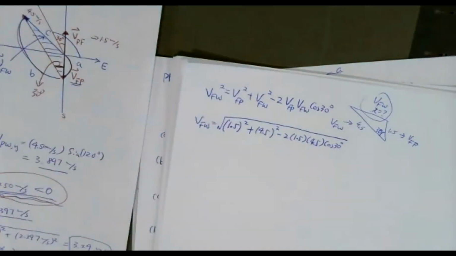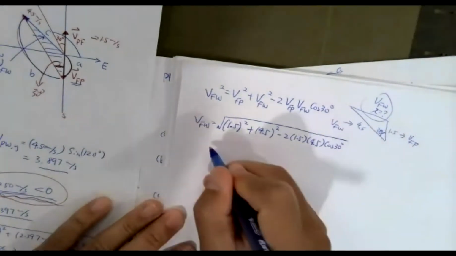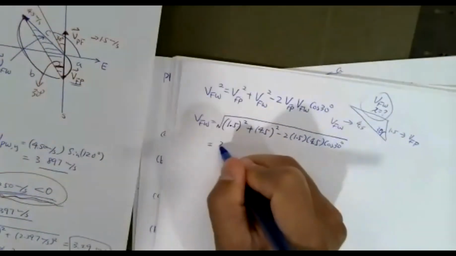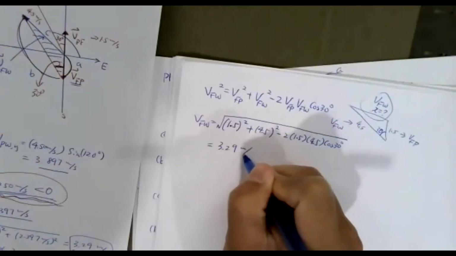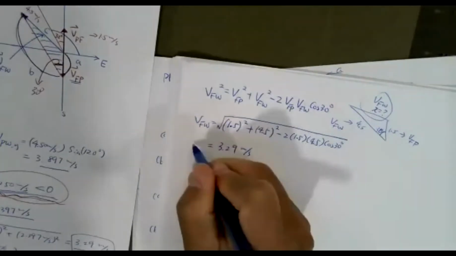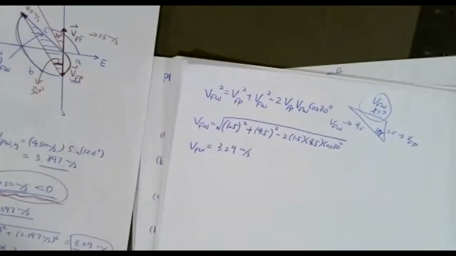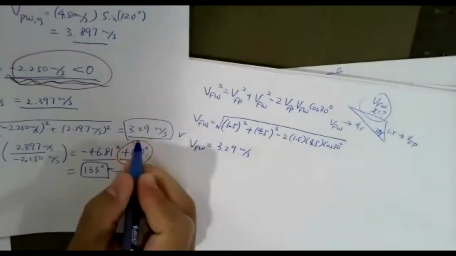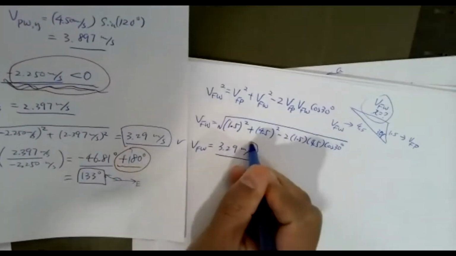You put all this into your calculator, and it's going to tell you magically this is 3.29, just the same as what we got previously.